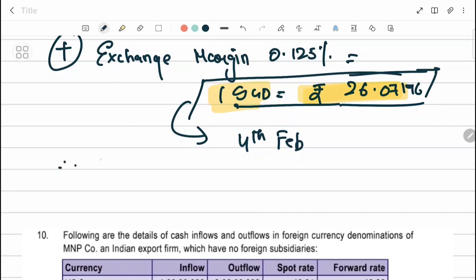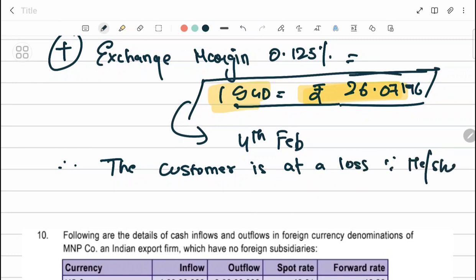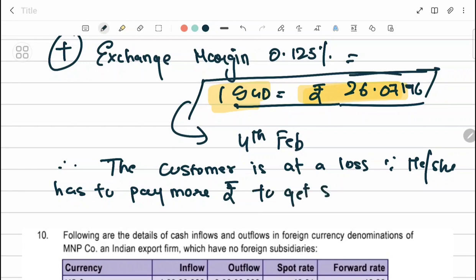So therefore the customer is at a loss since he or she has to pay more rupee to get SGD 25 lakh.